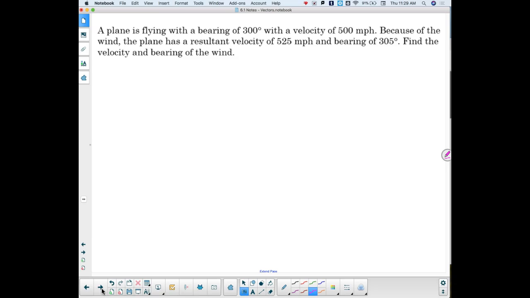Okay? So, start with the plane. And the first one is actually the aim. The first set of numbers is the aim of the plane, because the second set of numbers said resultant velocity.